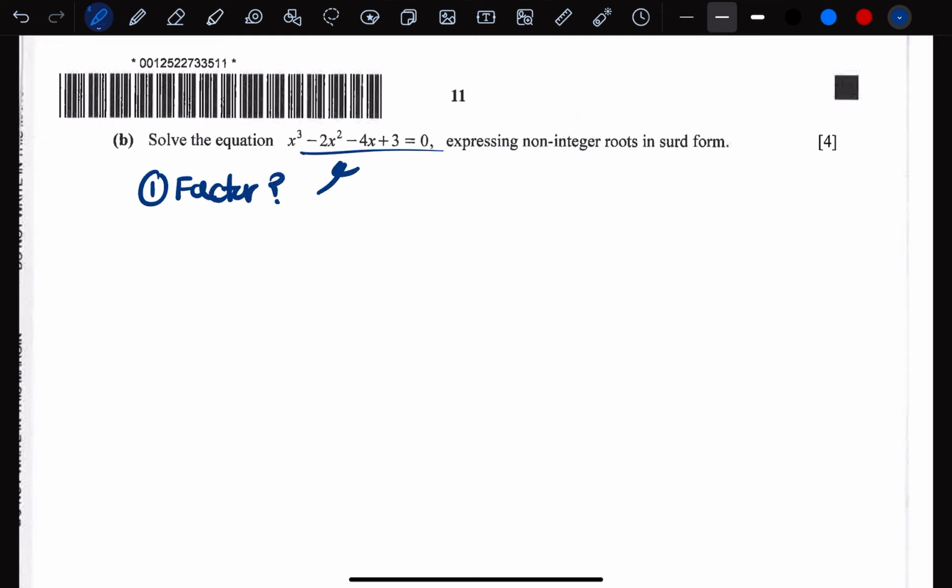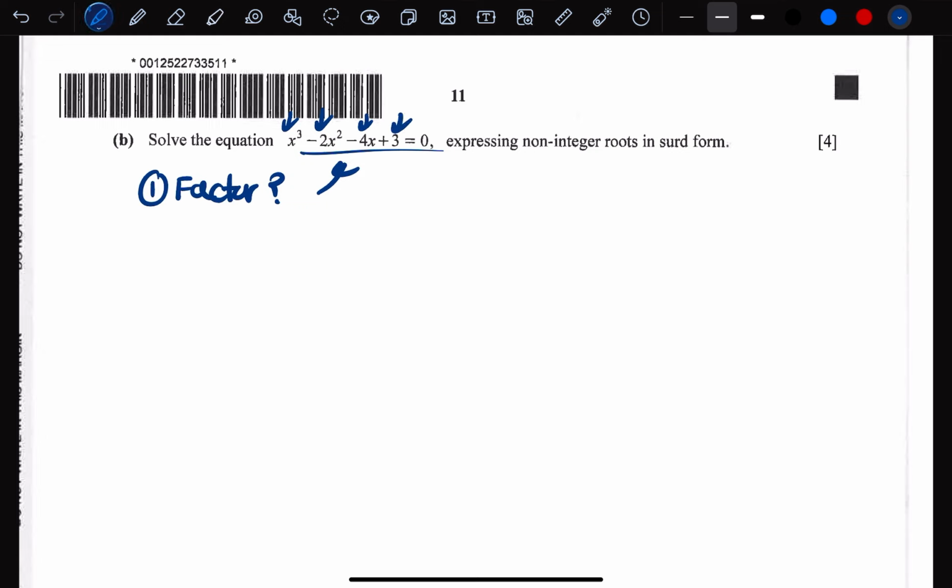Well, you can first press your calculator to give you any factors that you have, right? So in your calculator, make sure you use your cubic equation mode rather than your quadratic equation that you are used to. So just key in all our values, our a as 1, b as -2, c as -4, and d as 3.